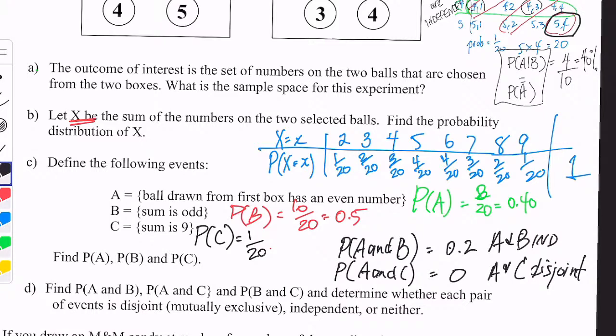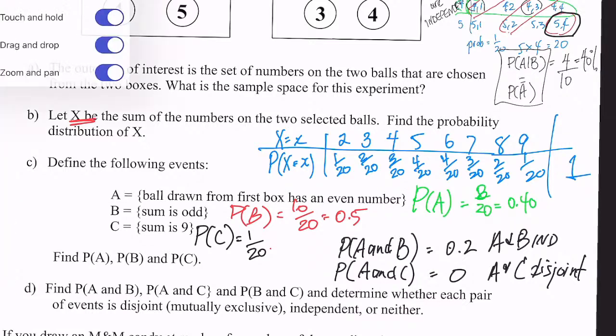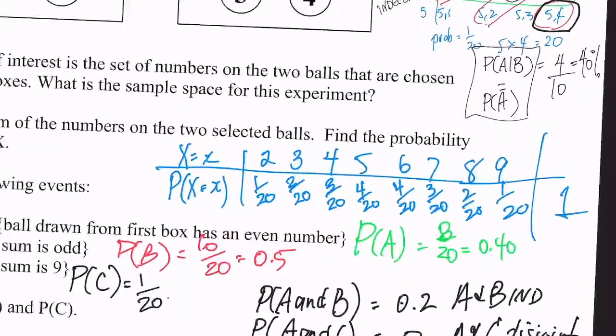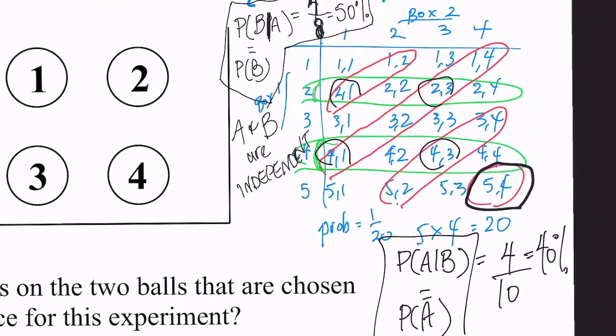So in other words, do the red and black overlap? Yes, they do. They overlap one time. Out of all the red, there's only one place where that happens. So it's 1 out of 20 is the probability.